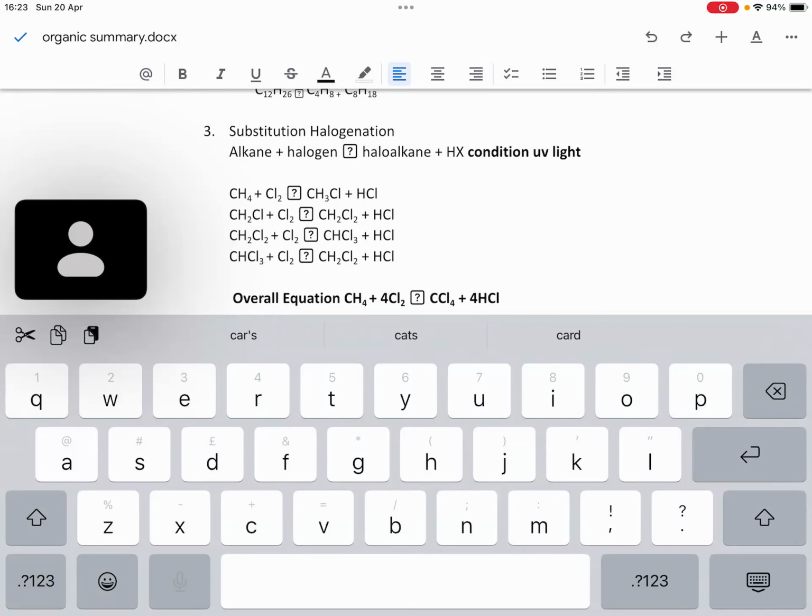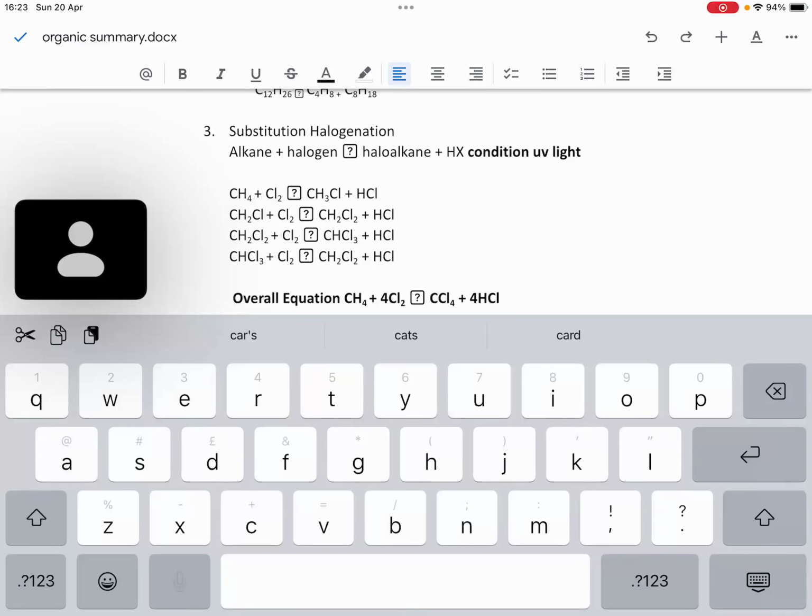Then we have substitution halogenation. In substitution halogenation, an alkane reacts with a halogen to form a haloalkane and a hydrogen halide. The condition for this reaction is UV light. Now, in a substitution reaction, one hydrogen atom is lost and a chlorine is gained, or a halogen increases while the hydrogen goes down.